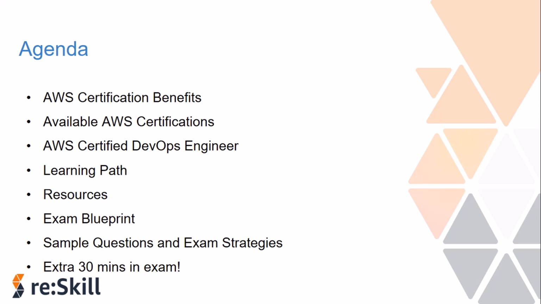We'll discuss the learning path for it, how you can prepare for it, and what the exam is going to look like, I mean the structure of it, and a few sample questions and exam strategies, that is, how you can answer the given questions in the given time and accurately, and also how you can get an extra 30 minutes in the exam. We'll discuss all of these things one by one in the upcoming slides.